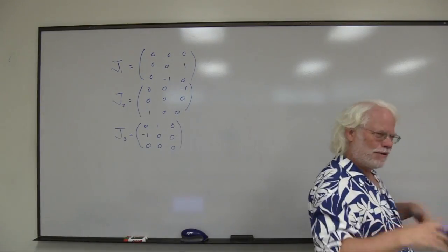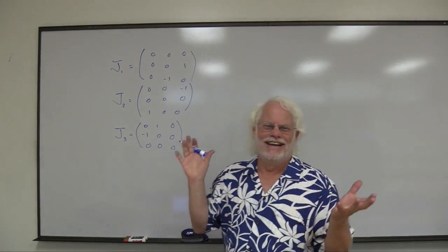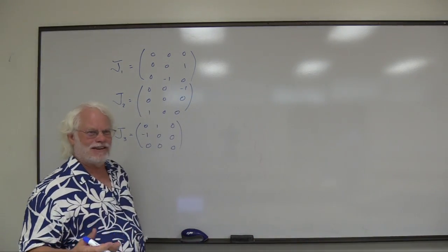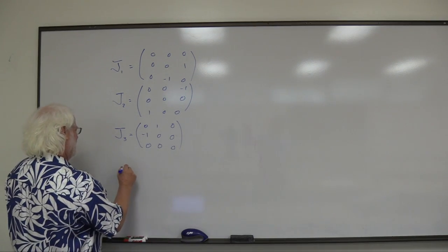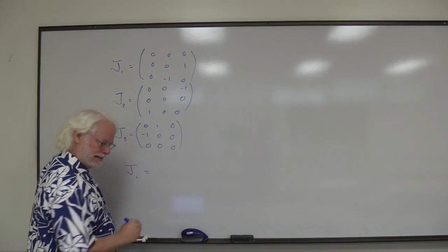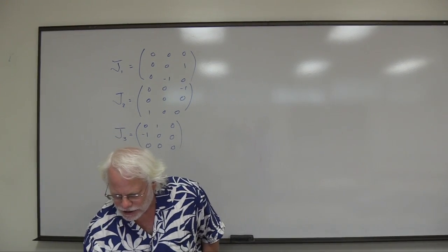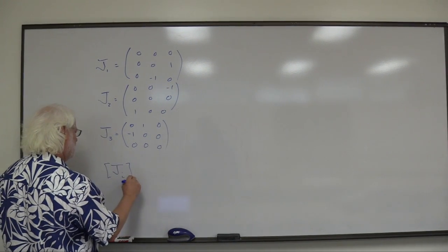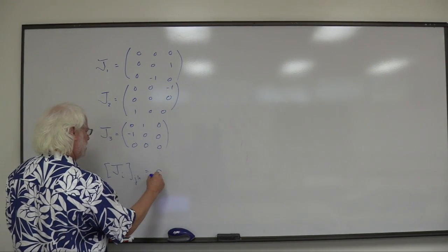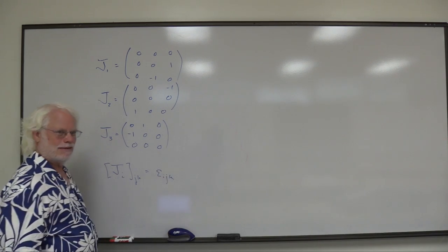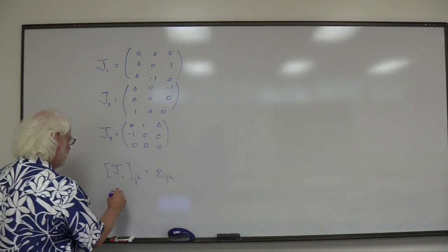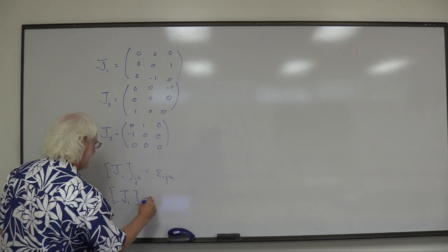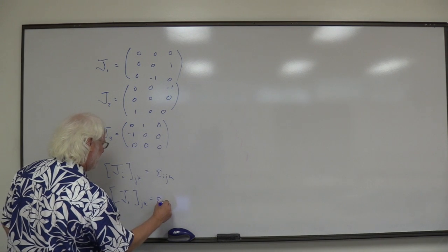I woke up this morning and thought, duh, because the mnemonic for these makes them very easy to work with. All right, so if we look at the JK components of J1, it's just the Levi-Civita tensor: epsilon 1 JK.